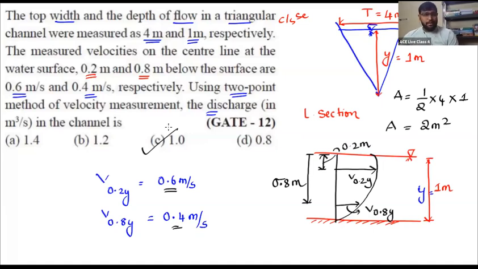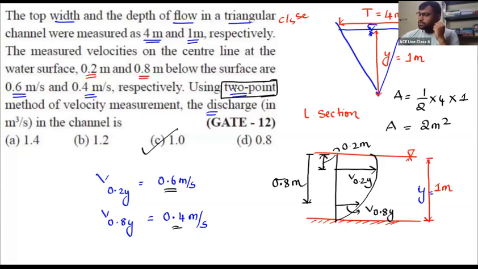Now, everybody, if you observe, in this I mentioned the 2-point method of velocity measurement. Yes or no? When I mentioned the 2-point method of velocity, then I took the velocity at a depth of 0.2y and at a depth of 0.8y. If they would not mention all those things, then I would be taking the velocity only at 0.6.